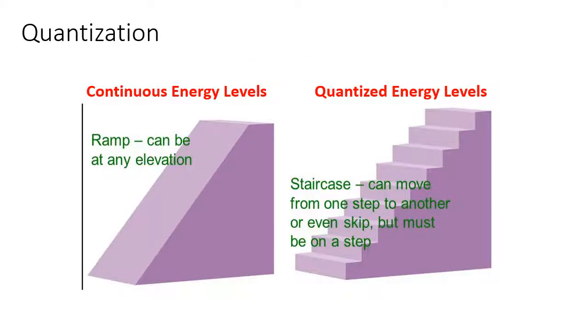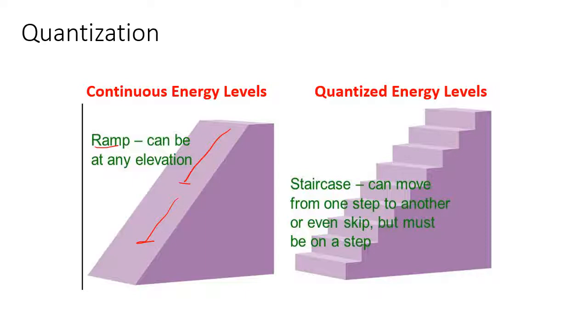Another way to think about quantization is the difference between a ramp and a staircase. If we were to have continuous values, that would be an example of a ramp. Along the ramp, we could be at any point at any moment where I decide to stop. I could keep going and stop wherever I want. It's a continuous series of values.